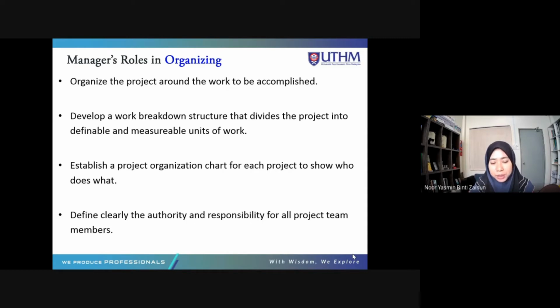The WBS is the same, there is one group, and under it are its sub-items. And then establish a project organization chart, and define clearly the authority and responsibility for all project team members.